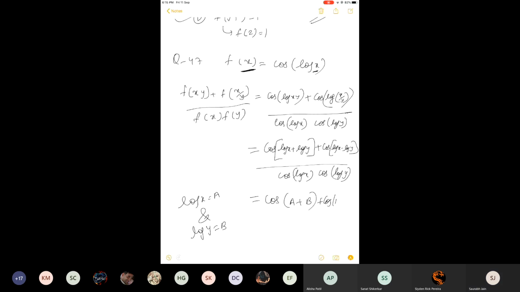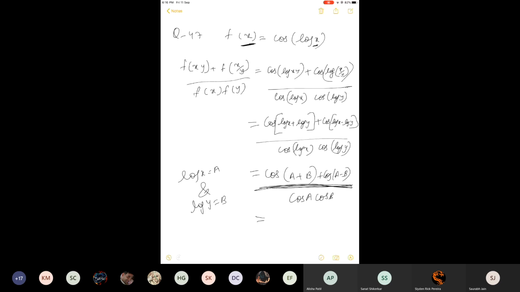Can any one of you tell me what you will get in the numerator? Do you remember this formula? What is cos(A plus B) plus cos(A minus B)? 2 cos A cos B. Yes, that's it.